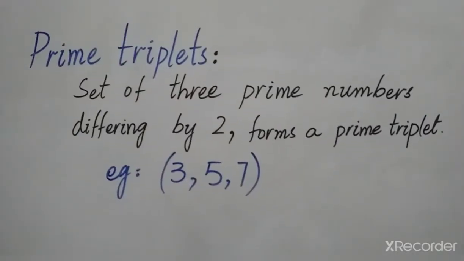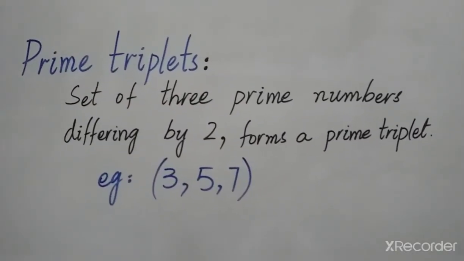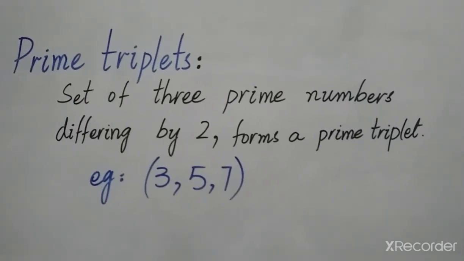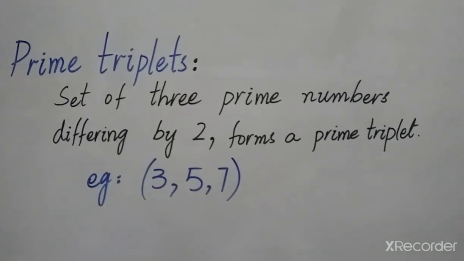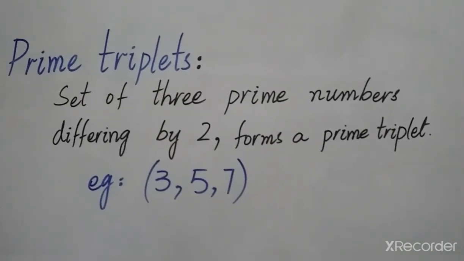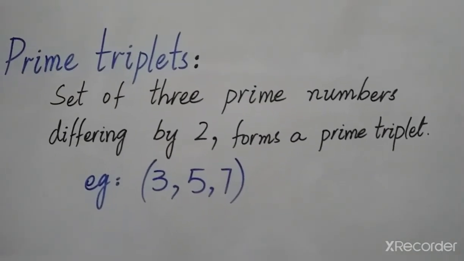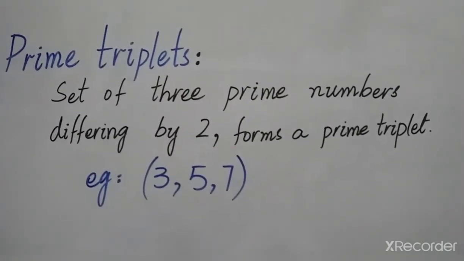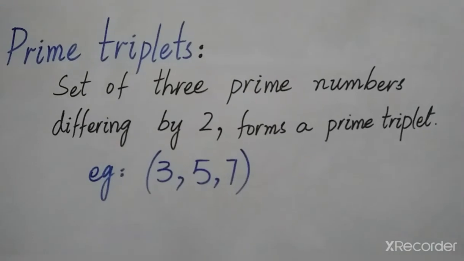Now let's discuss what are prime triplets. It is a set of 3 prime numbers differing by 2. What does it mean? It means 3 prime numbers with a difference of 2 form a prime triplet.